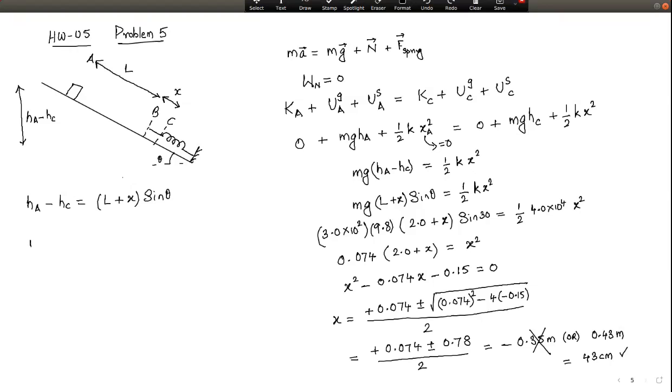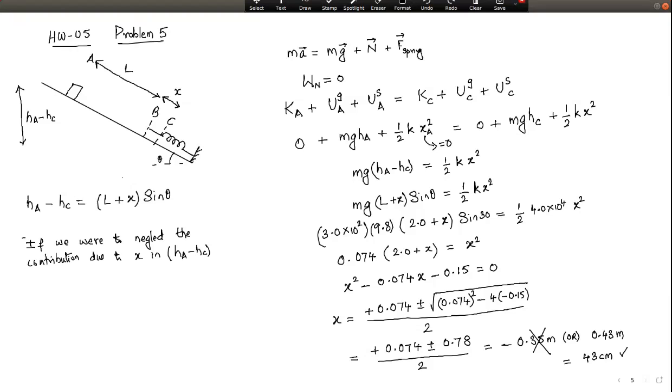If we were to neglect the contribution due to x in h_A minus h_C, that's a common error that happens.